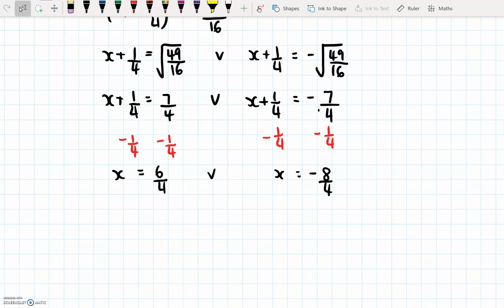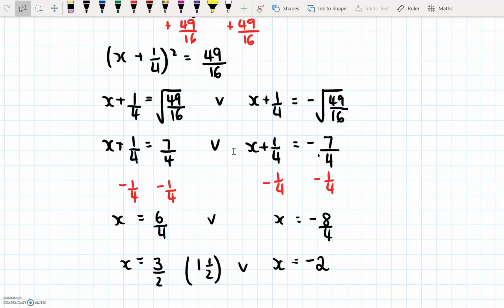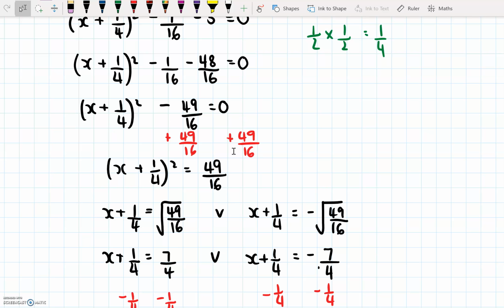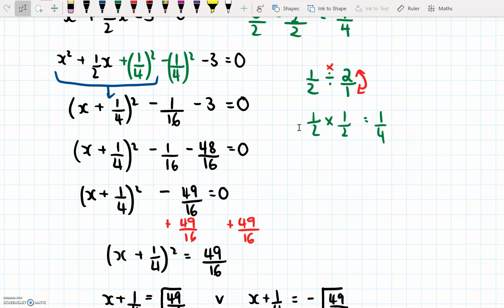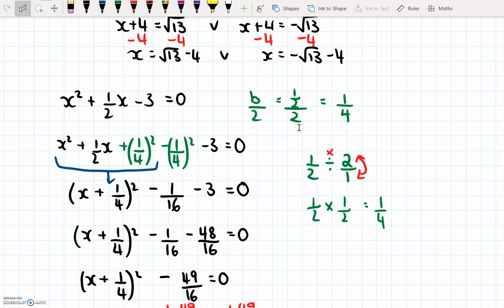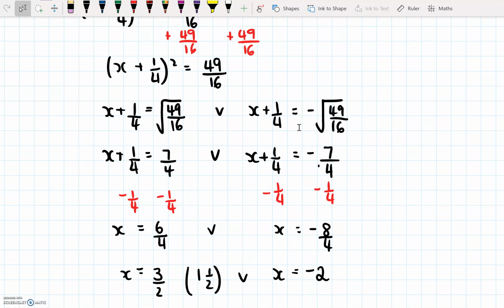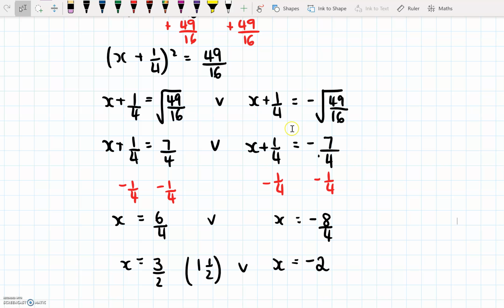Both of those can be simplified, so x is 3 over 2, or 1.5 if you like, or x is equal to minus 2. That's a much nicer solution than what we would have had otherwise. So this is how you can solve them when you have a fraction in it as well. You should always look for these situations where you can simplify the fraction when you take the square roots.